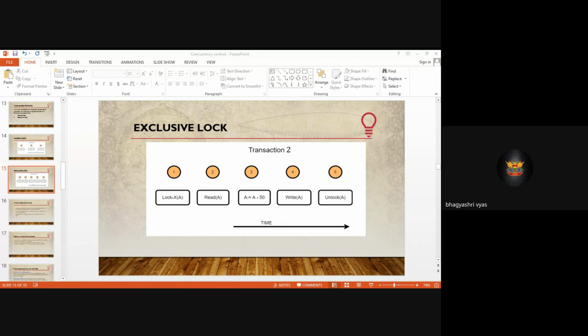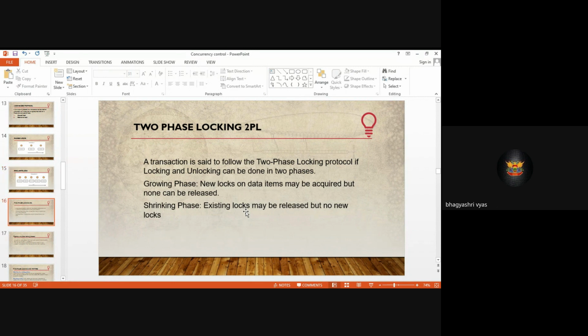Okay, here the next, two-phase locking protocol. Two-phase locking protocol means what? A transaction is said to be two-phase locking when locking and unlocking are done in two phases: growing phase and shrinking phase.